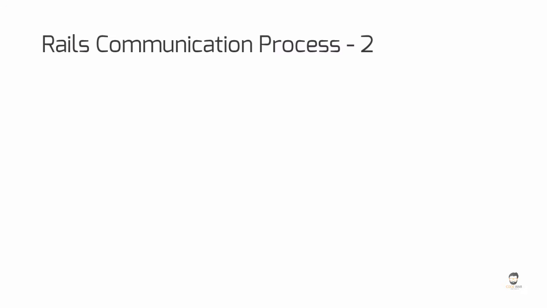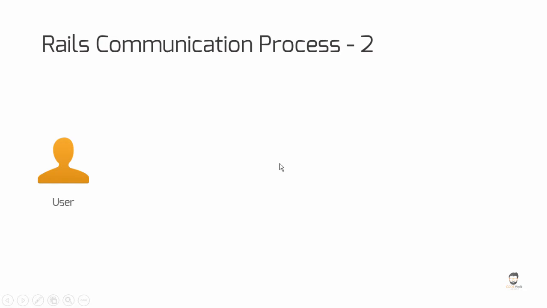So we'll see the Rails communication process, the request response cycle, with a model, which means dynamic content. So now let's talk about the dynamic content in our Rails communication process.